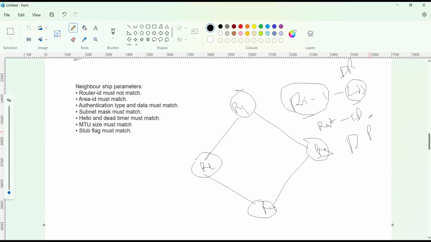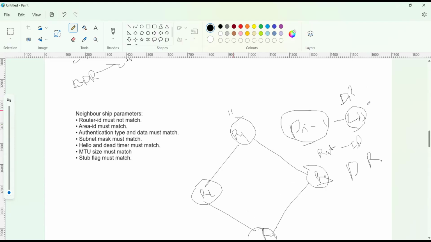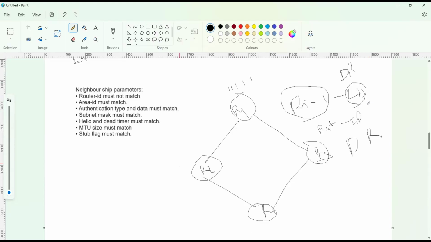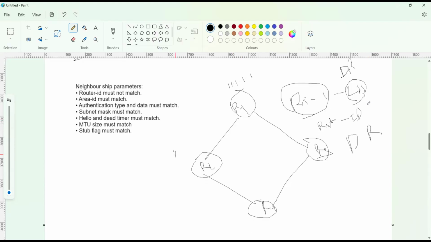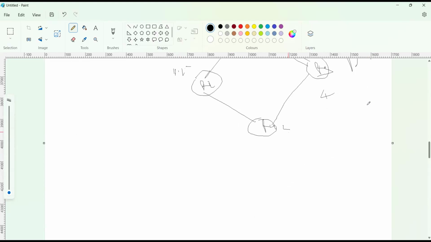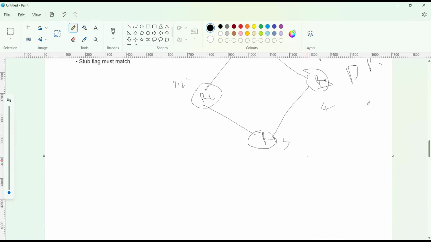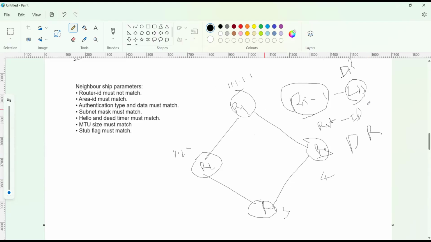Whichever is lower than this DR router, for example, this is 11.1.1.1 and 11.1.1.2, and this is 3 and this is 4. The default priority is 1, and we haven't changed it.